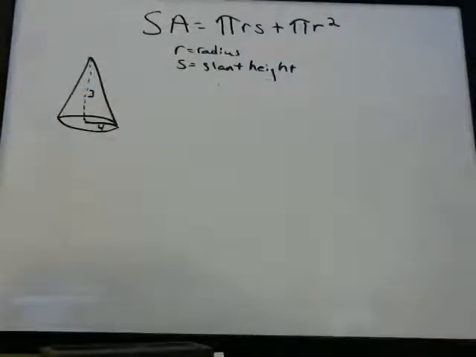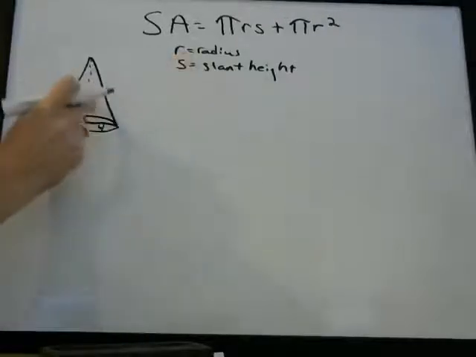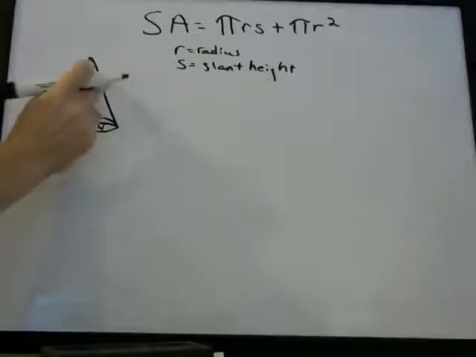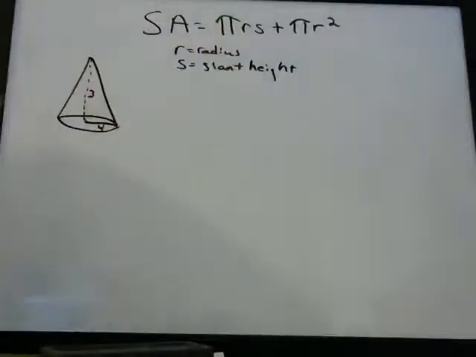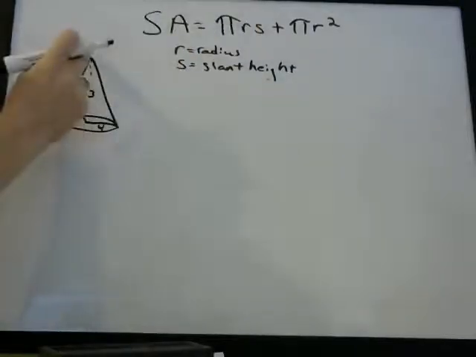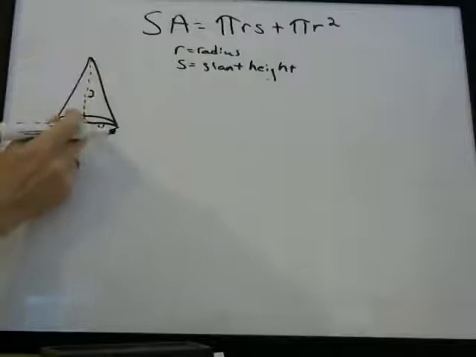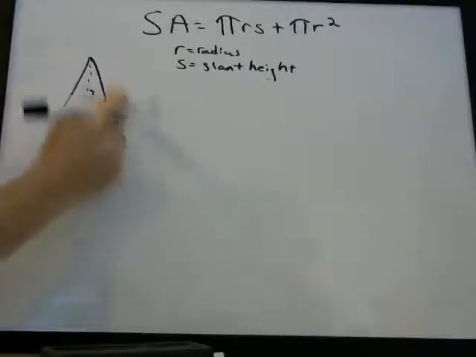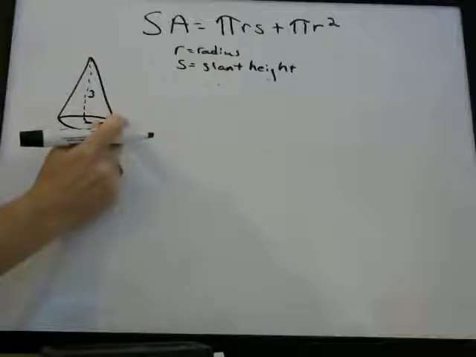What's the surface area? So here we don't have the slant height, we have the height. We can't use that, but we can use it to get the slant height. So don't plug 3 in for slant height if they're giving you the height. The height is from the tip to the center of the circle. That's the height. We want the slant height, which is from the tip to the edge of the circle.